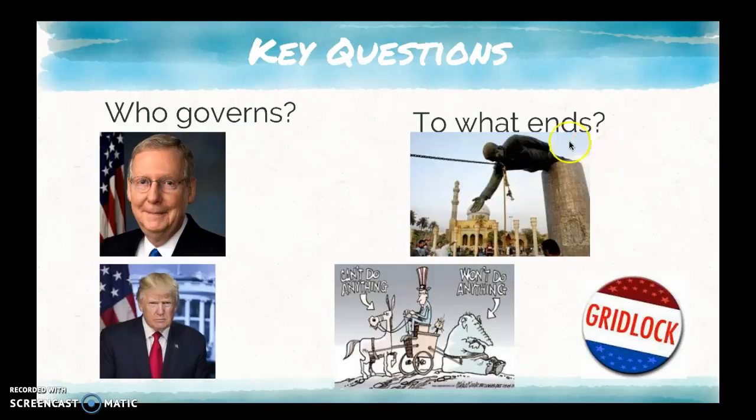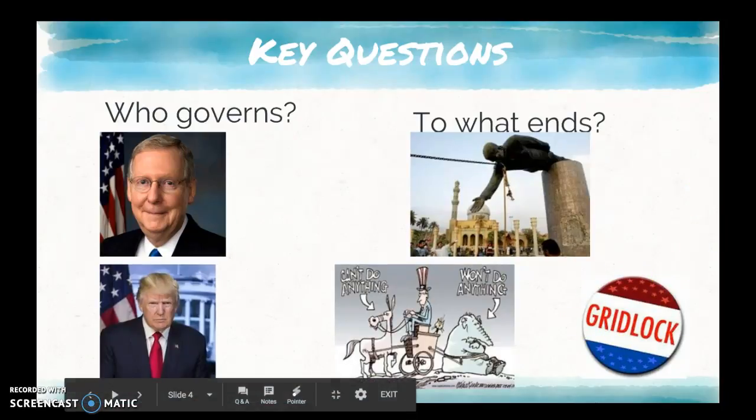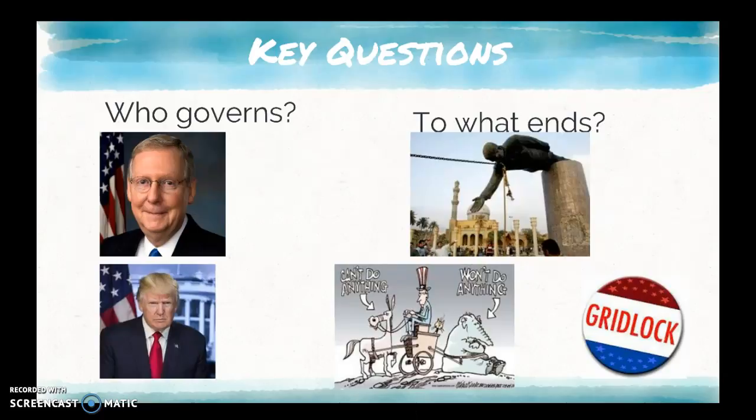So this is a photograph of the United States toppling the dictator Saddam Hussein and his regime during the Iraq War. Another question we might ask is, should Congress act more quickly, right? A lot of people are frustrated right now with Congress because they appear to be in a gridlock and it's preventing them from getting anything done.